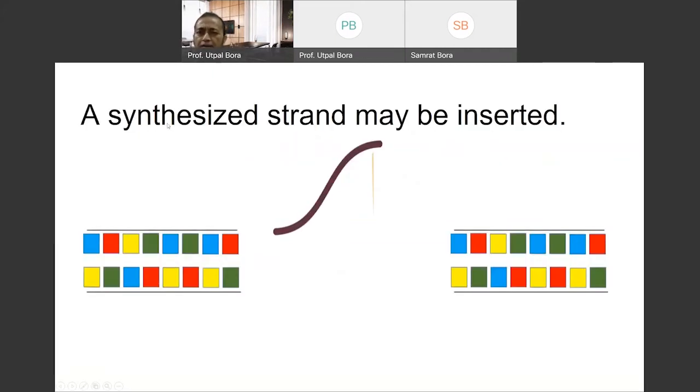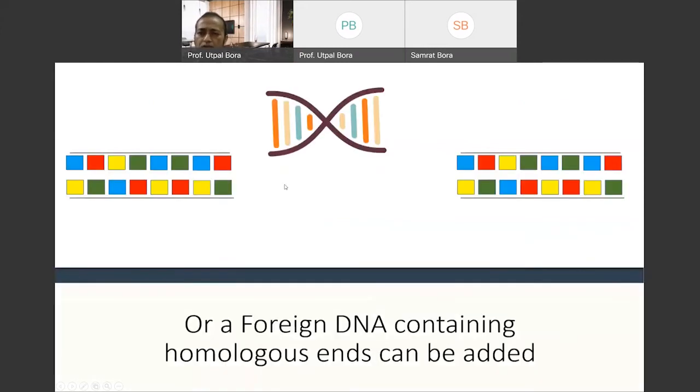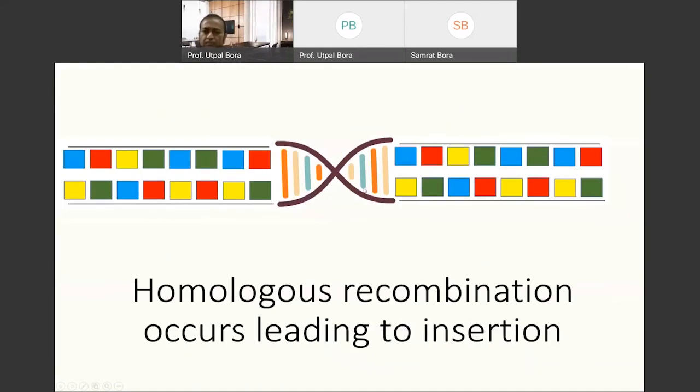A newly synthesized strand may be inserted, or foreign DNA containing homologous ends can also be added. And this homologous recombination, which I had told you about, occurs, leading to the insertion of the new foreign DNA or the newly synthesized DNA.